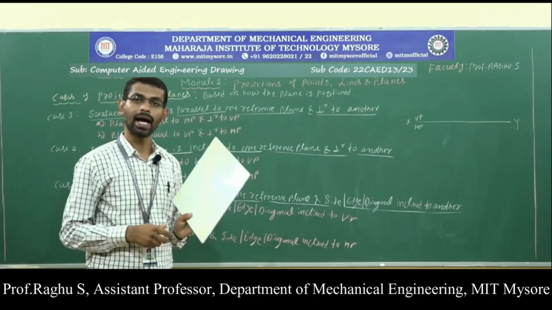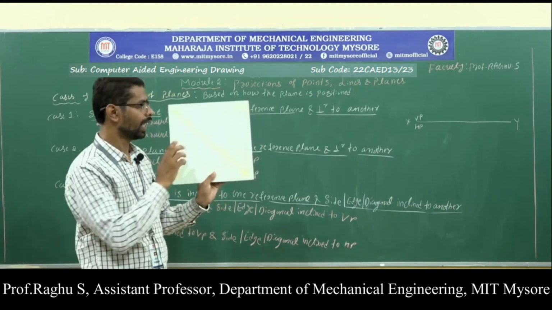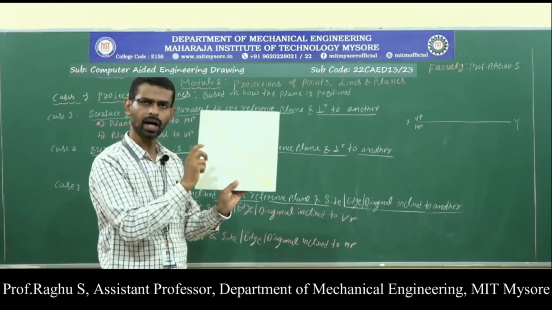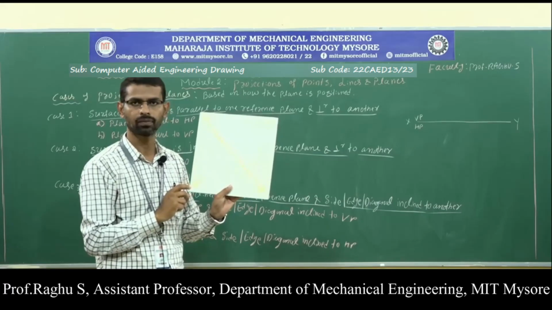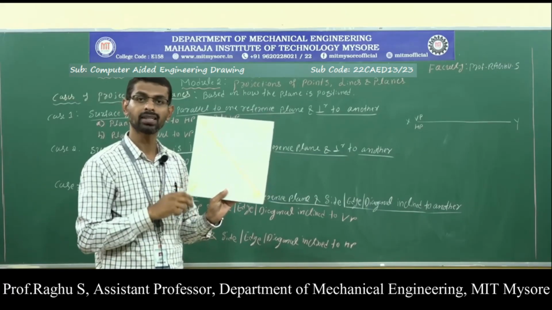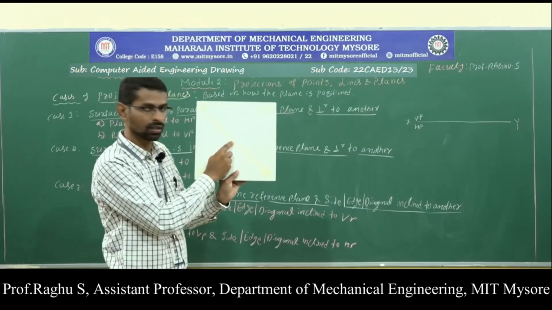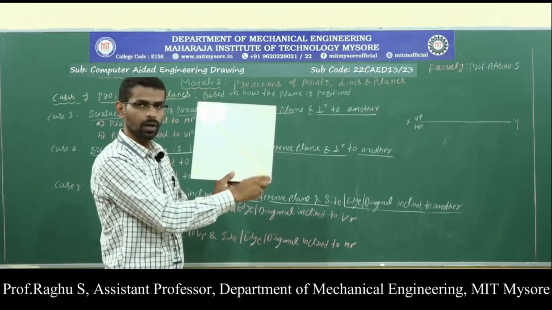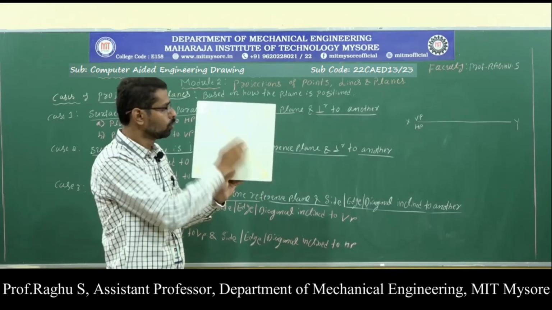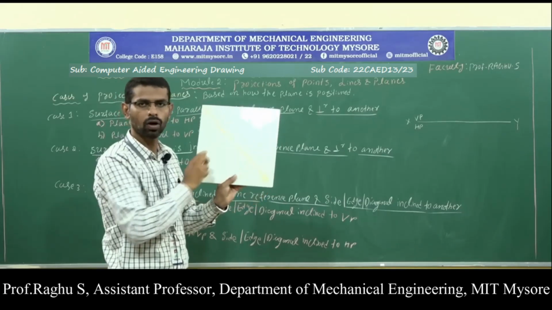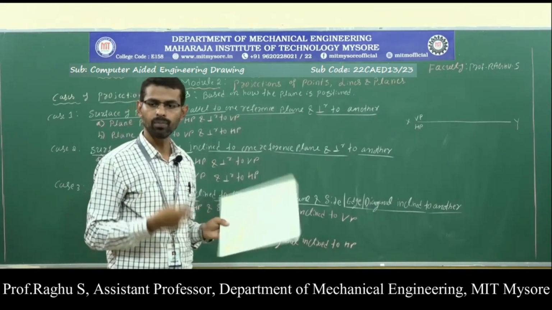Next one, diagonal. The term diagonal is used for square lamina, rectangular lamina and hexagonal lamina. Here, this is called a diagonal: the line between 2 opposite corners. And median.